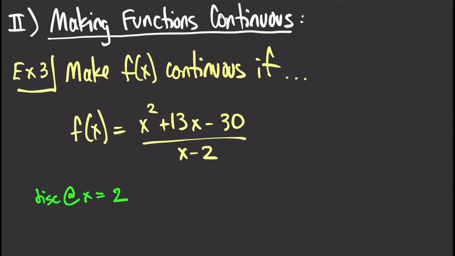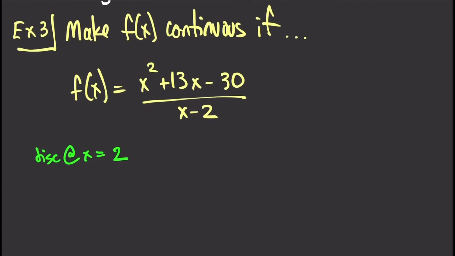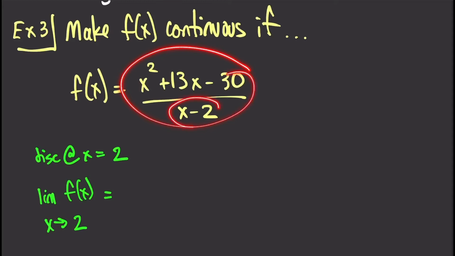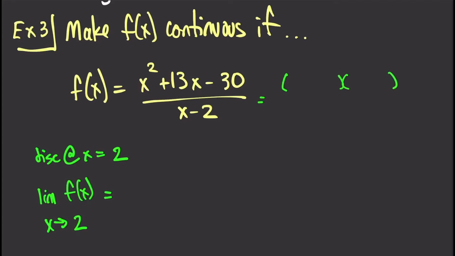So now, next we're going to take the limit of f of x as x approaches 2, that place of discontinuity. And if we try direct substitution, we already established that's going to be a 0 in the denominator. So what I need to do now is clean this up. So I need to factor and cancel. So hopefully that numerator factors.